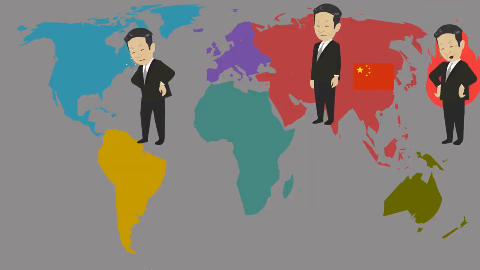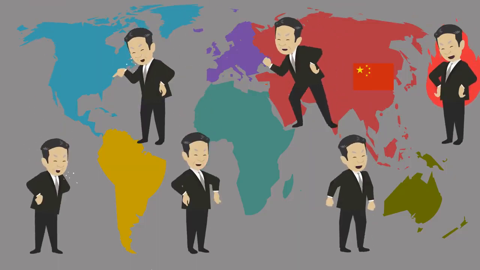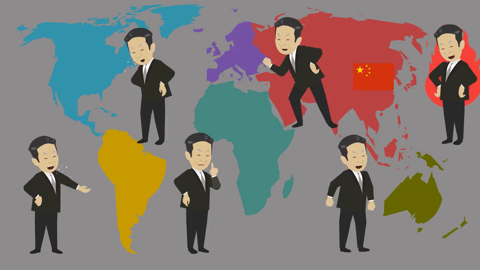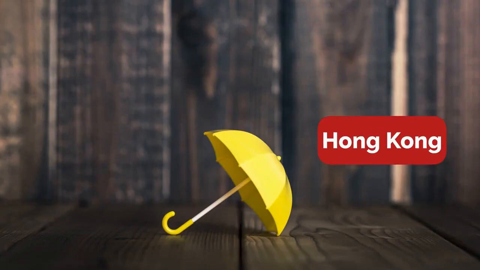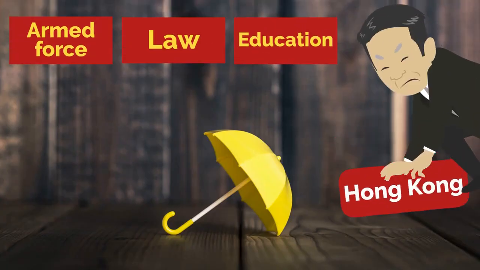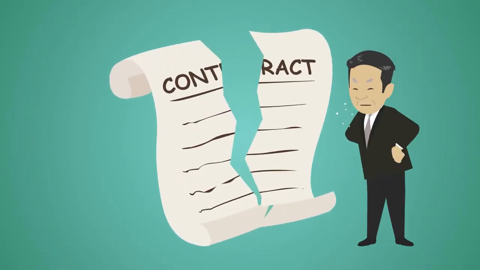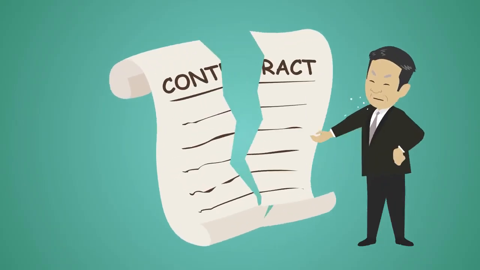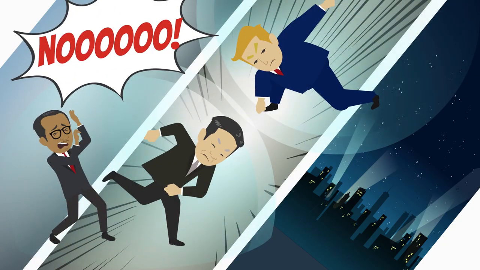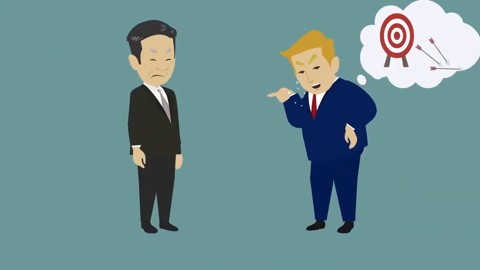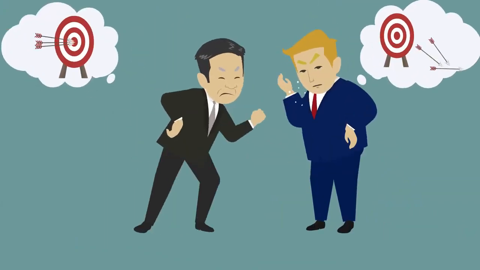The Chinese government is trying to silence the criticisms of the Chinese government by people around the world, especially in Hong Kong, by sneaky means using armed force, education and law. China is a selfish country that does not keep promises between nations, disturbs the international order, arbitrarily distorts the interpretation of the law, and tries to justify China's behavior.